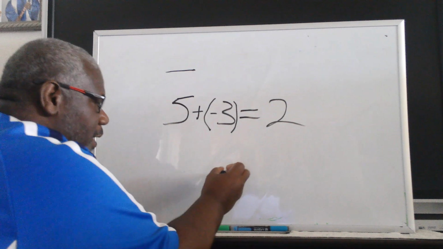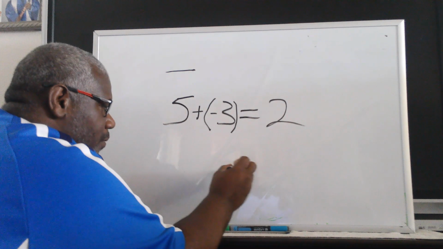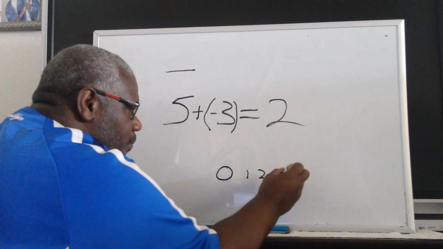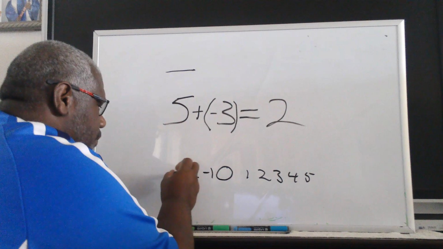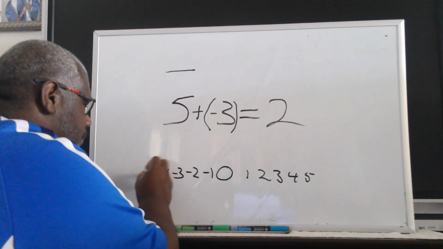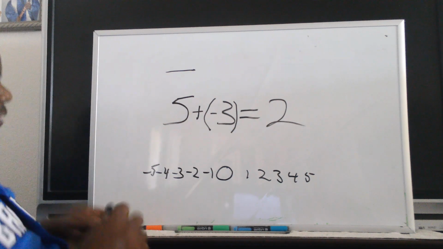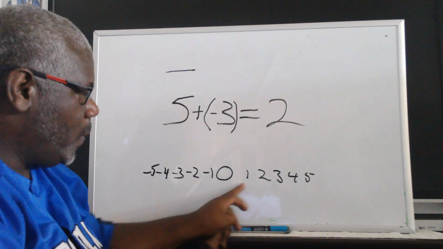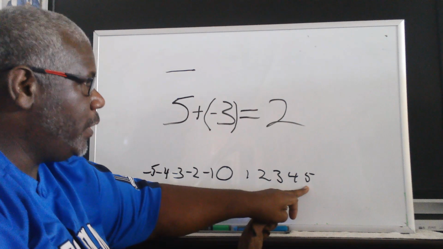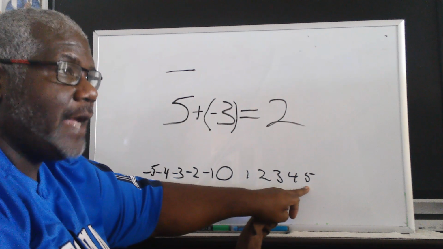If I had a number line, right? And I start off at 5. I'm going this way. Oh, I want to go the other way. I want to add negative 3.